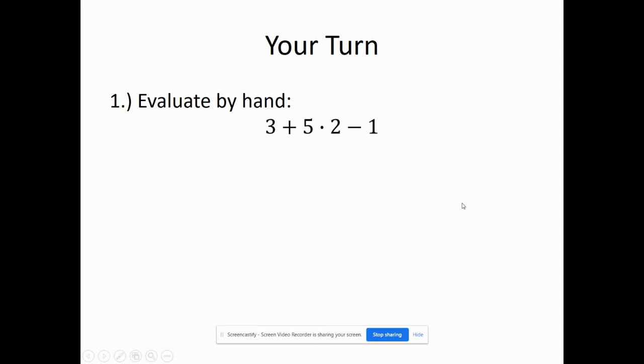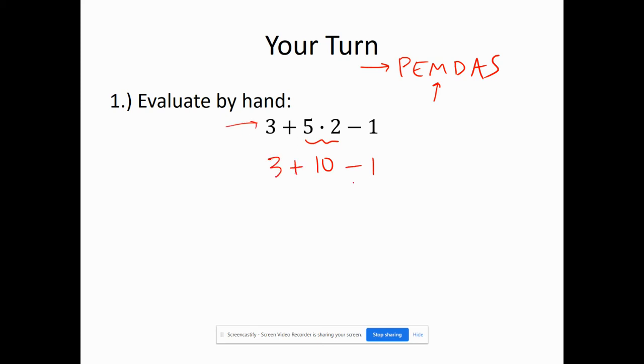Had you do these in class, evaluate by hand. So a little bit easier here, but it's really tempting to do 3 plus 5 first, but we have to do multiplication first. PEMDAS. Multiplication is right there, left to right. So 10, well, this meaning left to right comes first. But here we can't just go left to right.